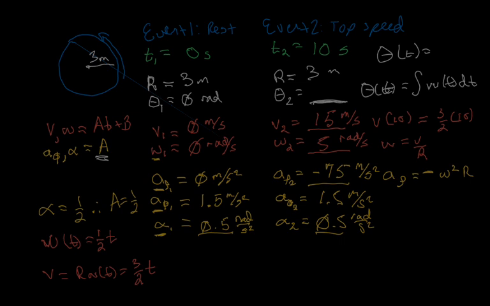So what you're going to be integrating is 1/2 t. So you end up with 1/4 t squared. And if t is 10, then that's going to be 100 divided by 4, or 25 radians, which, if you divide that by 2 pi, is roughly 4 rotations, if you want to keep track.